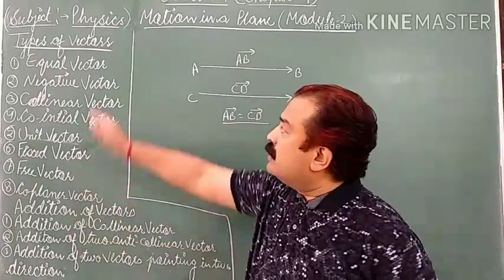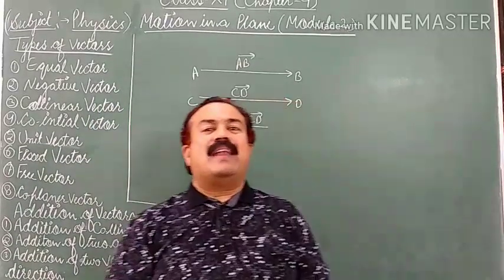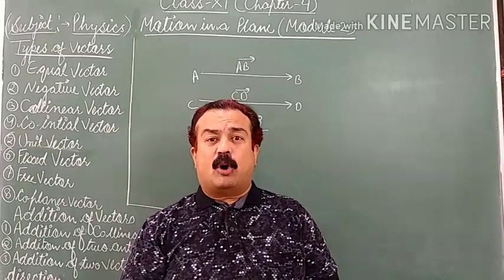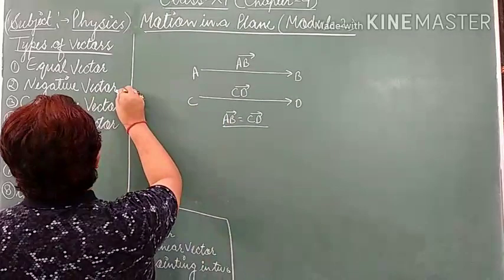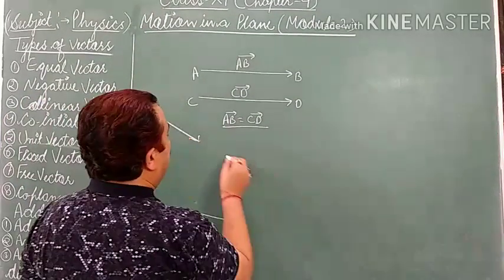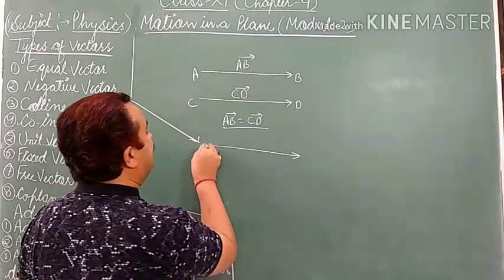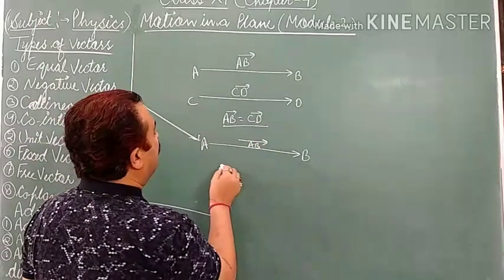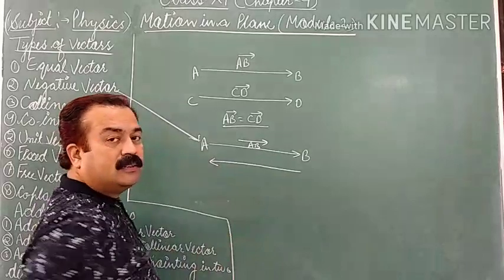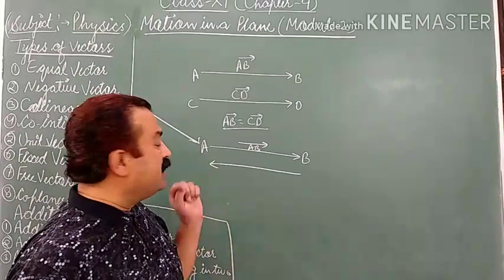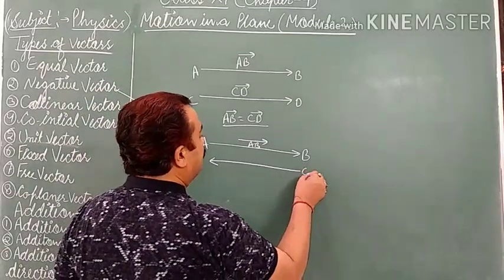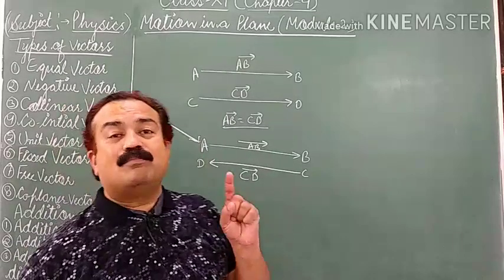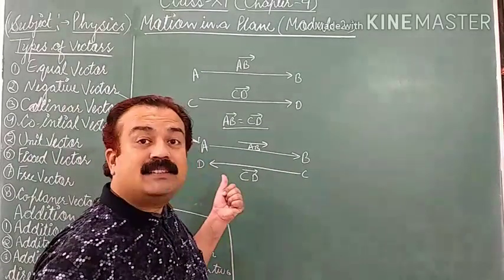Now, the next one is negative vector, or you can say negative of a vector. What is the meaning of negative of a vector? If we have one vector AB, and we have another vector of the same magnitude but in the opposite direction, here CD has the same magnitude as AB, but the direction is changed.